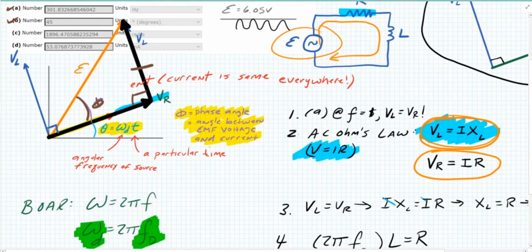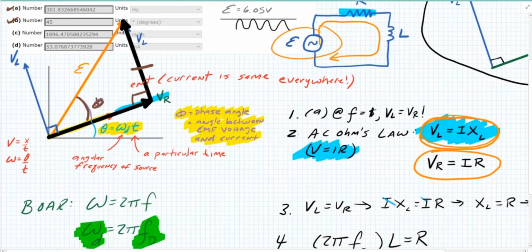This goes back to your other physics class where the definition of omega is theta over time, just like in the good old days the definition of velocity was distance over time. We say angular velocity equals angular distance divided by time. So that's where theta equals omega t comes from.